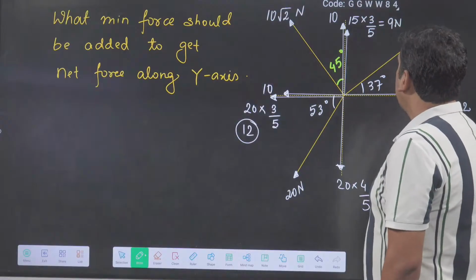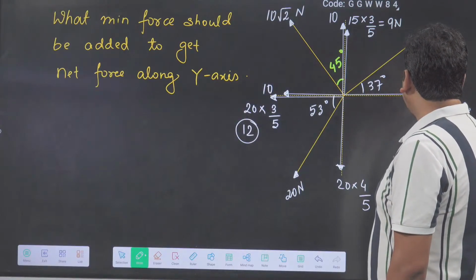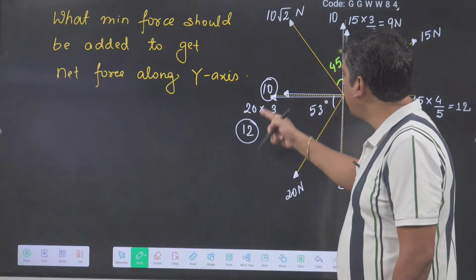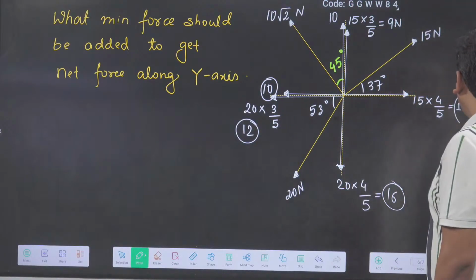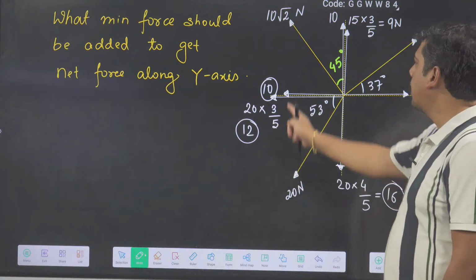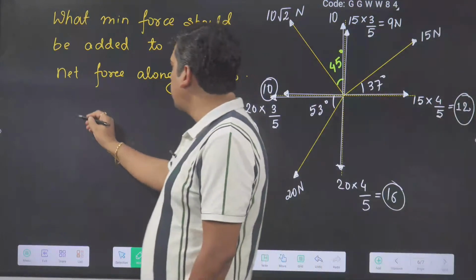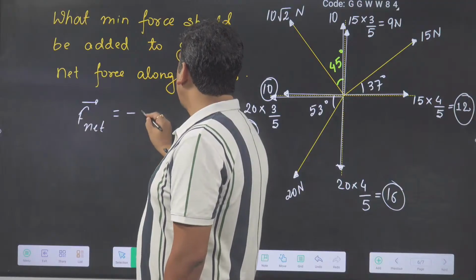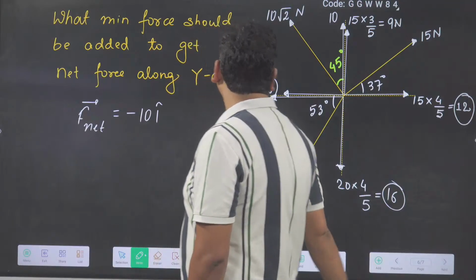Now, if you add all the x components first, we have 10, 12, 22, and on this side also 12. So 12 and 12 cancel, and on the left side it is 10. So right now the net force is minus 10 i cap.